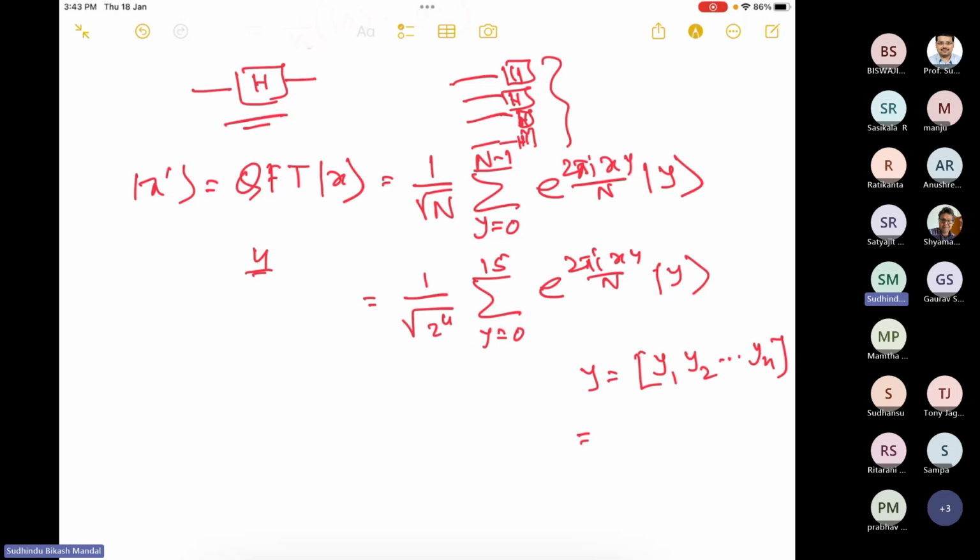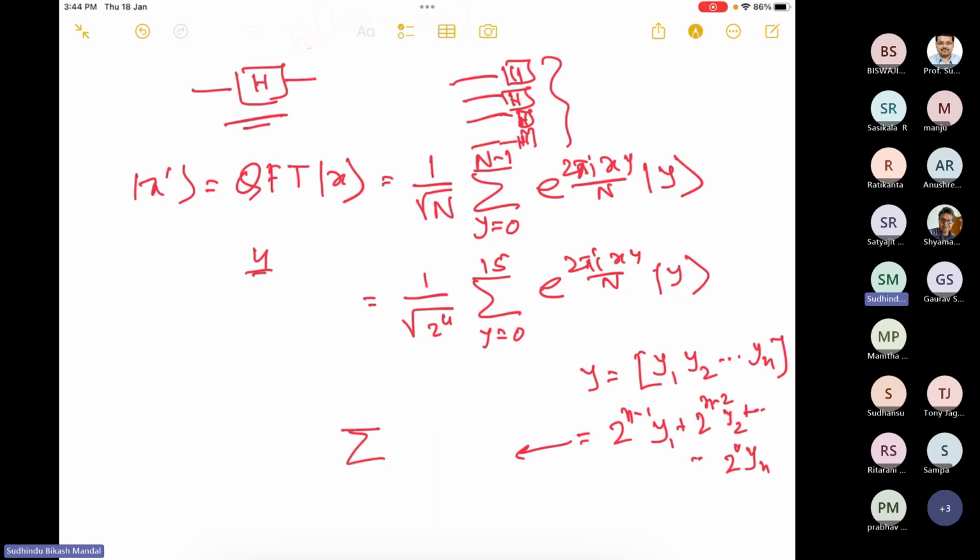So we can generalize this expression as 2 to the power n minus 1 times y1, plus 2 to the power n minus 2 times y2, plus and so on, up to 2 to the power 0 times yn. This is the general expression for converting any decimal number to binary representation.